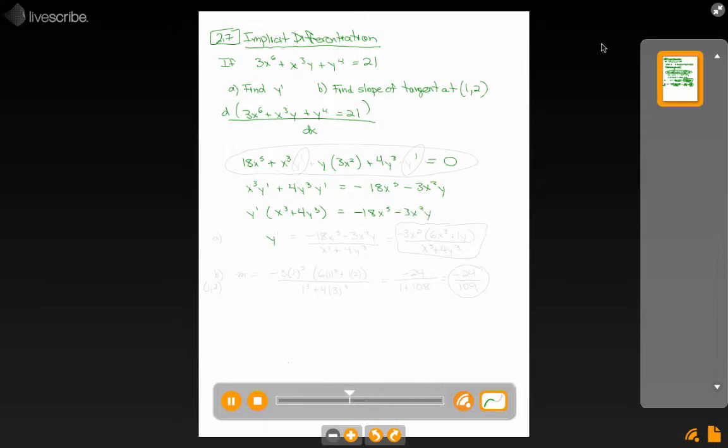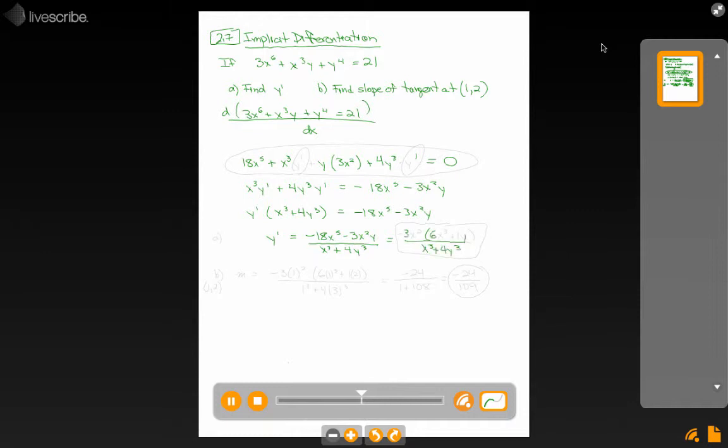I can now isolate the y prime by saying, well, it equals negative 18x to the 5th minus 3x squared y divided by x cubed plus 4y cubed. Now that can be tidied up a little bit by doing a little bit of factoring.